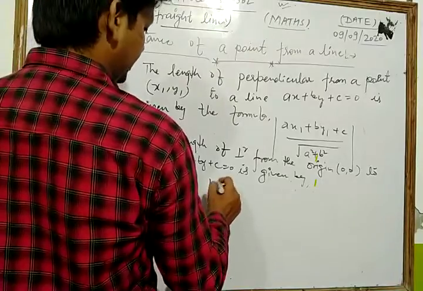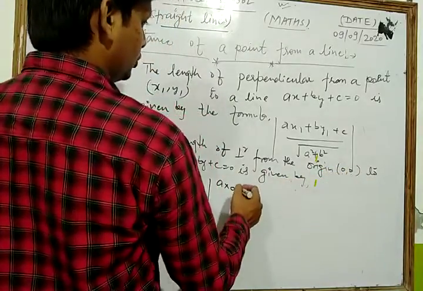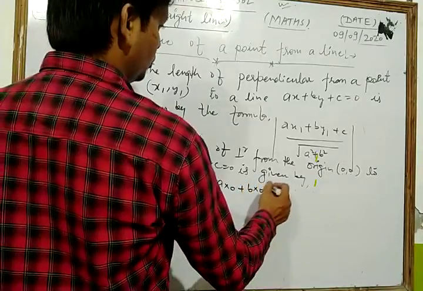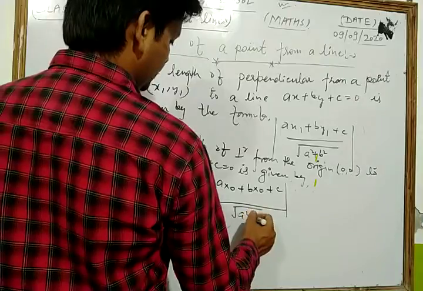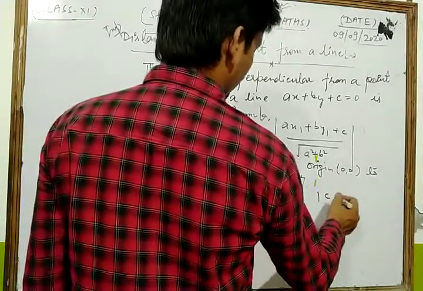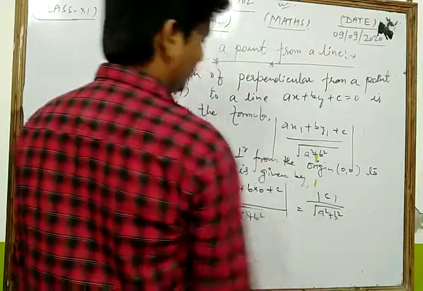Let's see. Since x1 and y1 are 0, we get a into 0 plus b into 0 plus c upon under root a square plus b square. So we get mod of c upon under root a square plus b square.